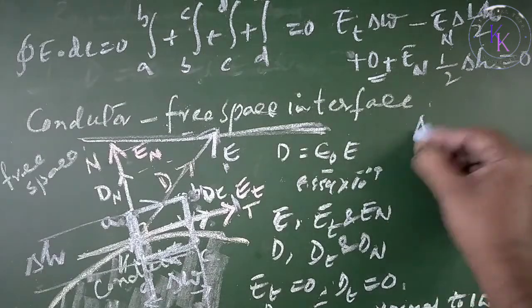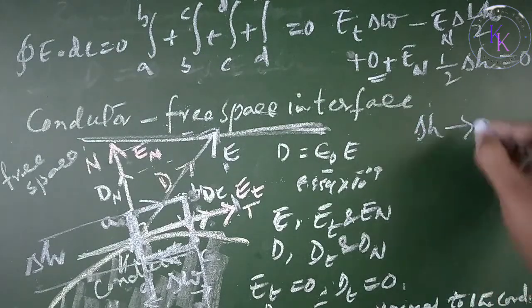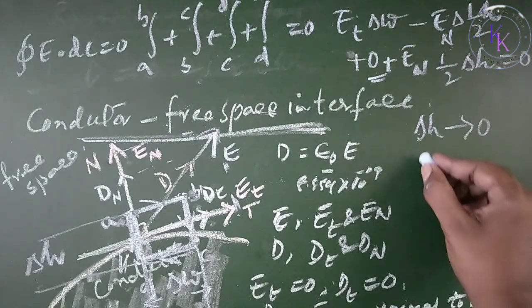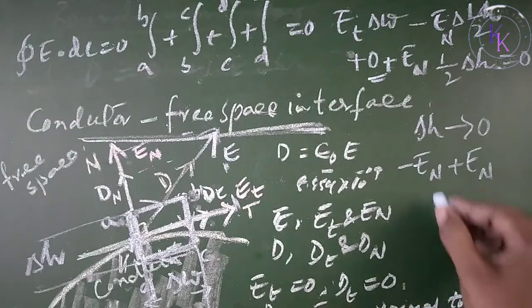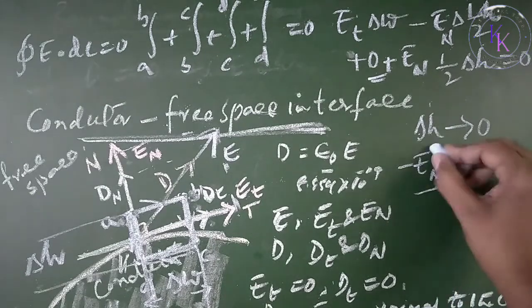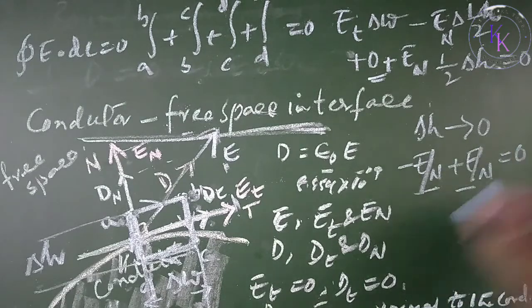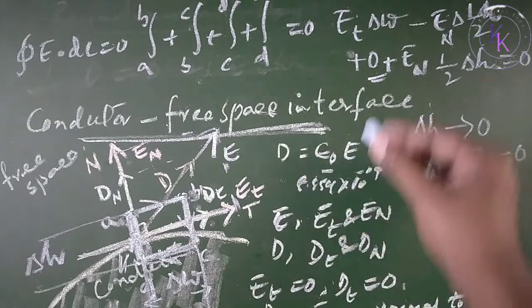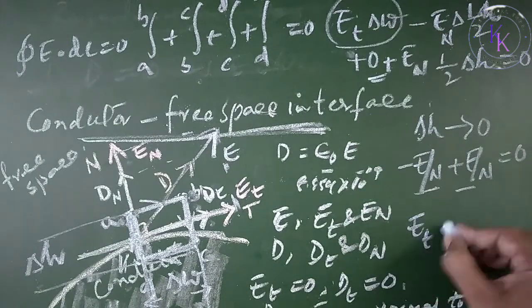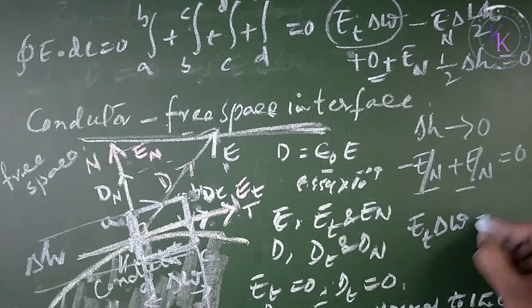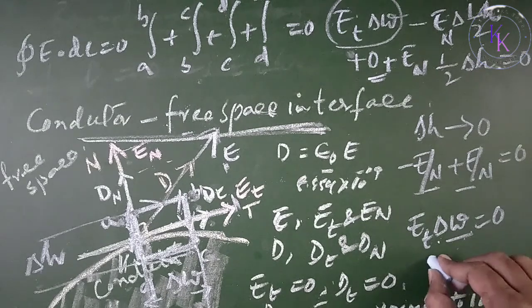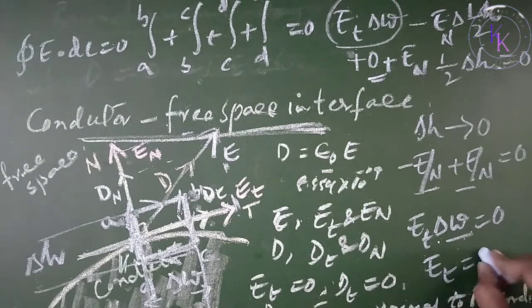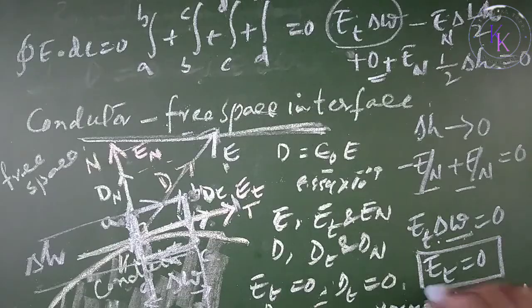When delta H tends to 0, these two terms En and En are equal and get cancelled, so you get 0. The only term remaining is Et delta W equals 0, and delta W is finite, so it cannot be 0. Then Et equals 0.